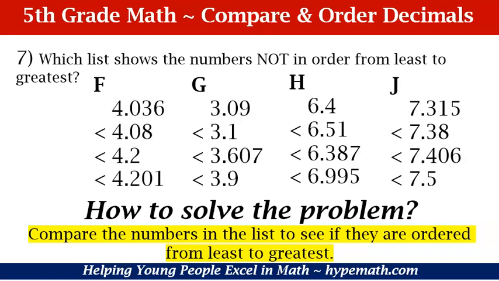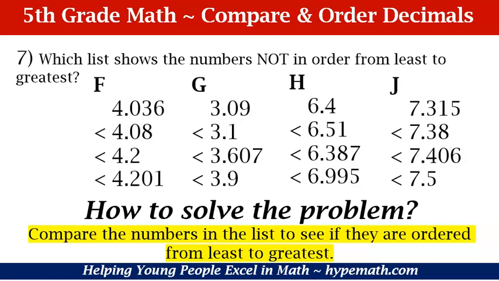Let's look at H. Are our decimal points lined up correctly? Yes, they are. Looking at the ones place, all of our numbers in the ones place are the same. We are going to move to the right to the tenths place, which is one place to the right of the decimal point.